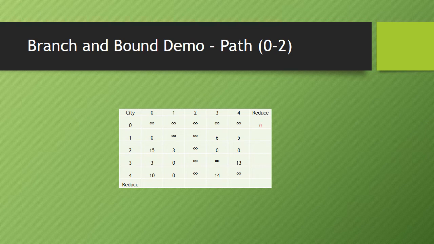Row 0 already reduced, row 1 already reduced, row 2 already reduced, row 3 reduced, row 4 is reduced, and then likewise all of our columns are already reduced as well. So this gives us a new reduction of 0.